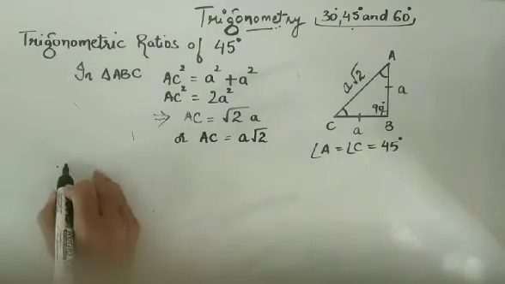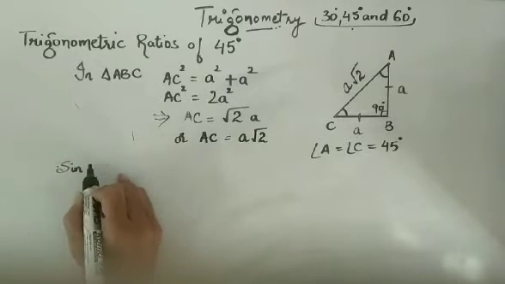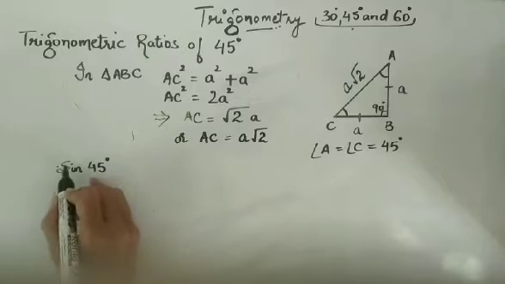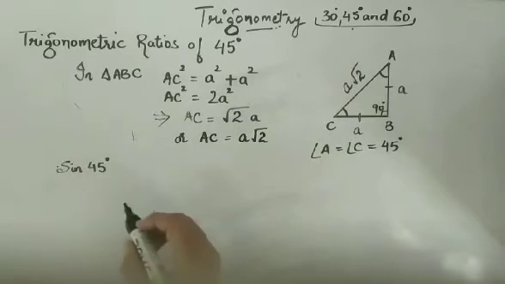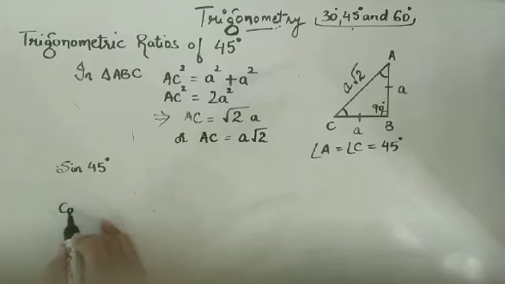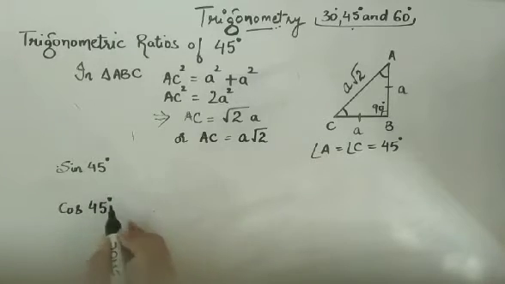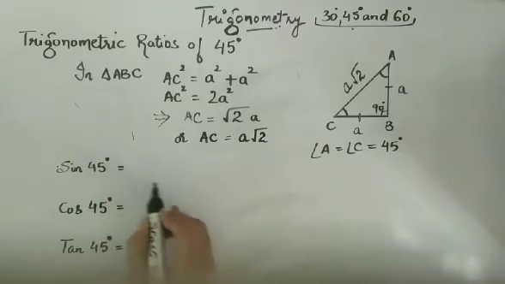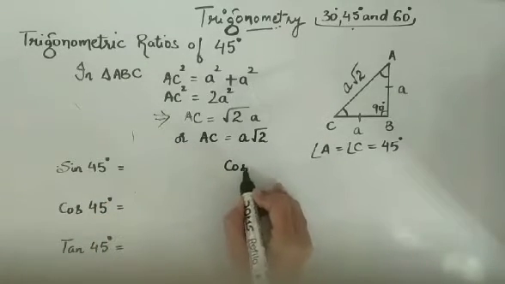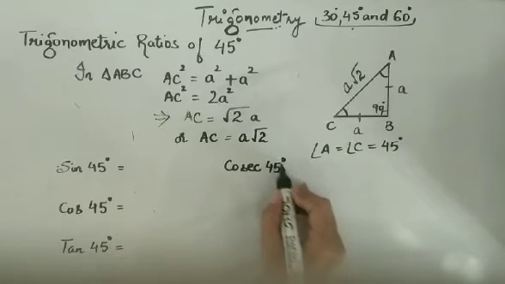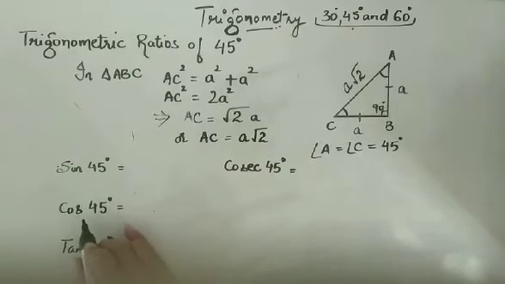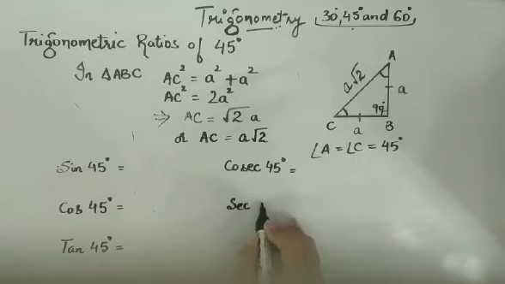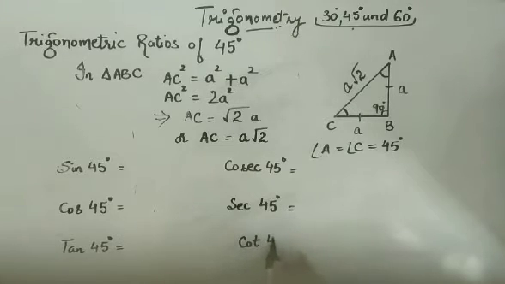Now let's write those 6 trigonometric ratios. Sine 45, cos 45 and tan 45. Once you obtain the values for these three, reciprocate to find the value for cosecant 45. Cos reciprocal would be secant and tan's reciprocal is cot.